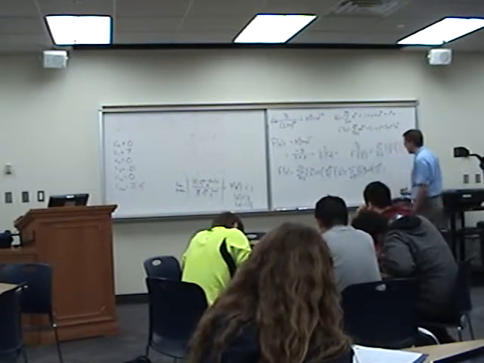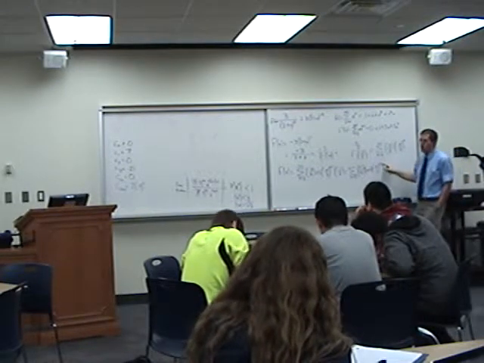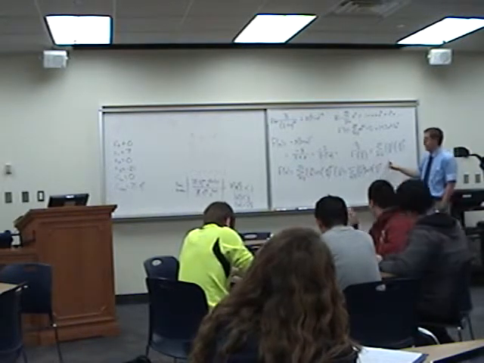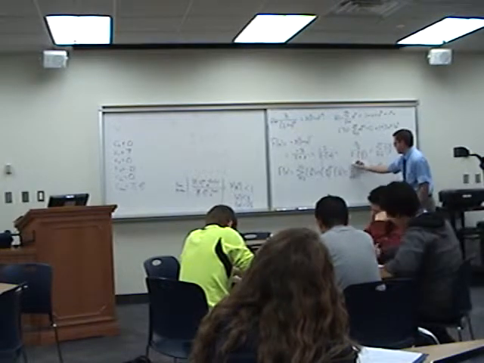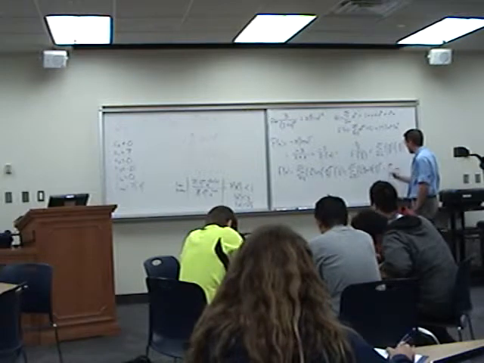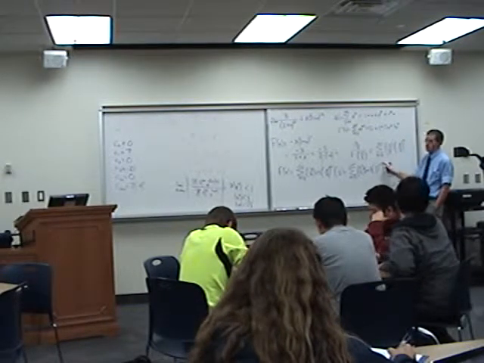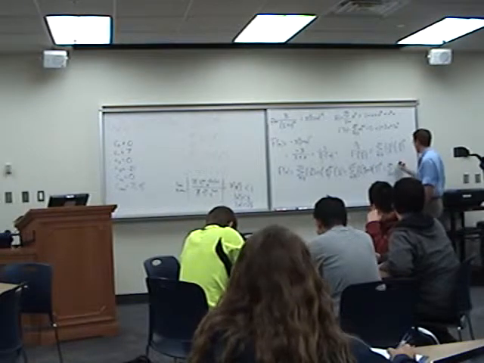The last little simplification I would do, because they ask for the nth term constant, is pull out a negative 1/2 to the n, so that you can see what the constant is.